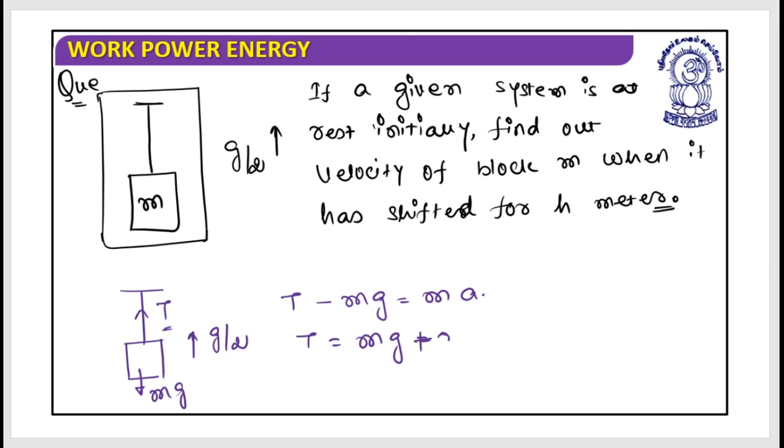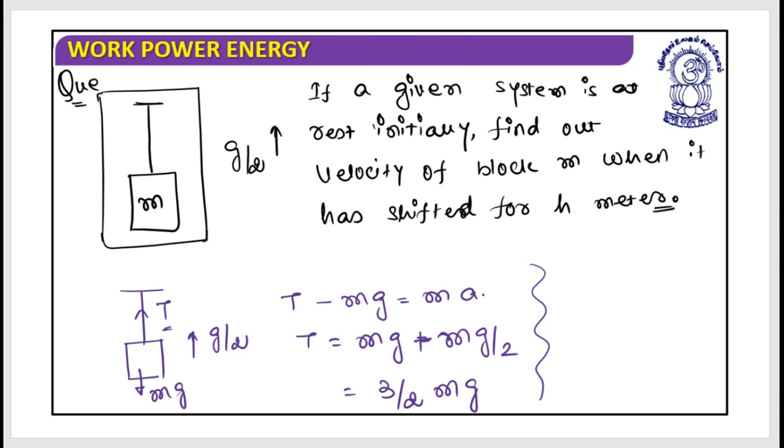So T is equal to mg plus m into g by 2. This is equal to 3 by 2 mg. This is the tension force. T is equal to 3 by 2 mg. Is it clear? Great.